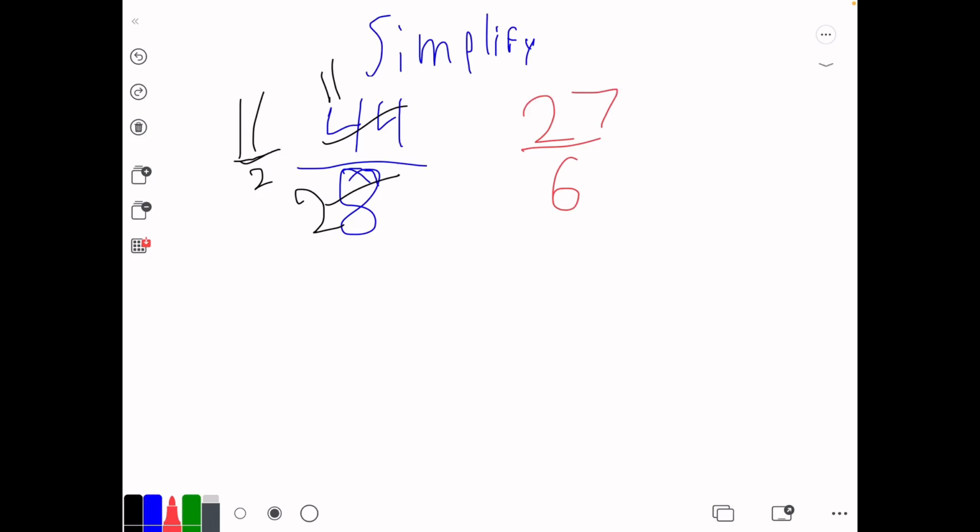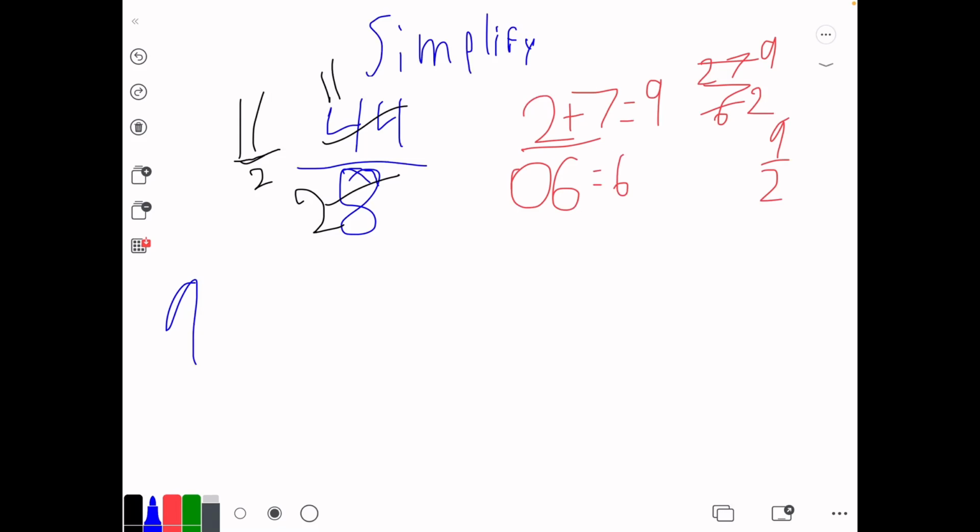It's divisible by 3, and I found that out by adding the digits: 6 gives 6, and 2 plus 7 gives 9. They're both divisible by 3, right? So that means you can simplify it. 27 over 6 divided by 3, you get 9, and 6 divided by 3 gives 2. 9 over 2.